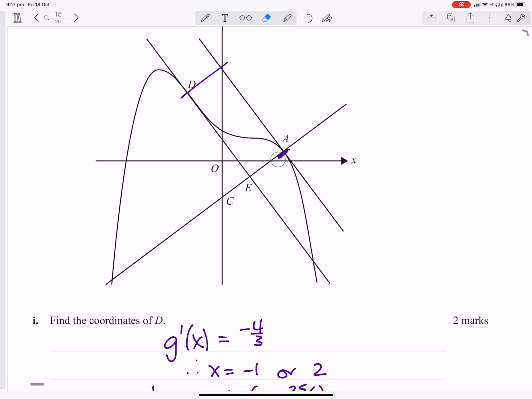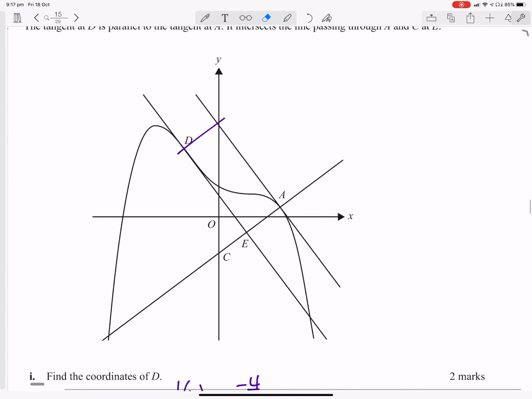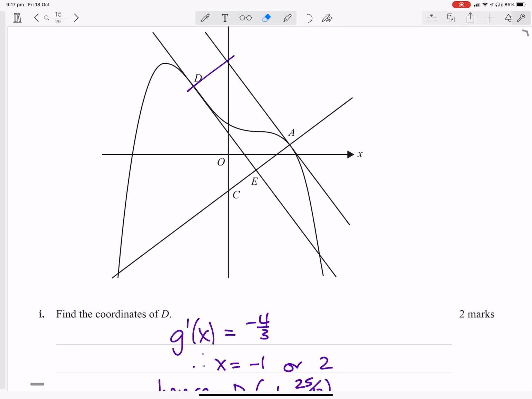So we want that length. Find the coordinates of D. That length.